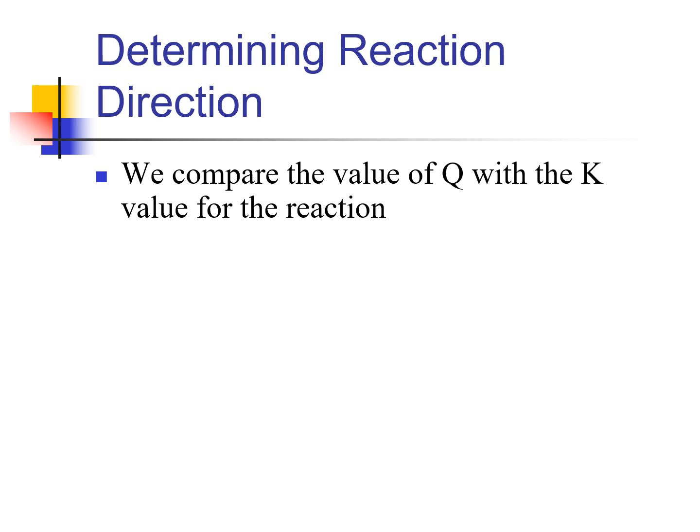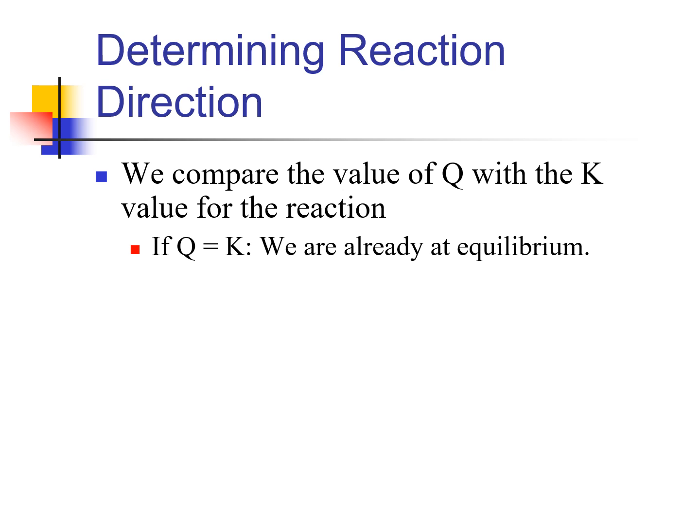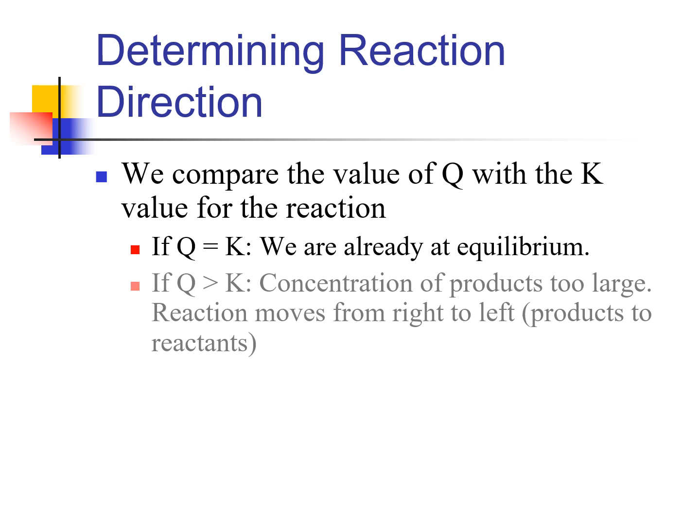So, to then find out what happens, you compare your Q value to your K value. If Q equals K, you're at equilibrium. If Q is greater than K, think of it this way: that means your top number, your Q, is too big.